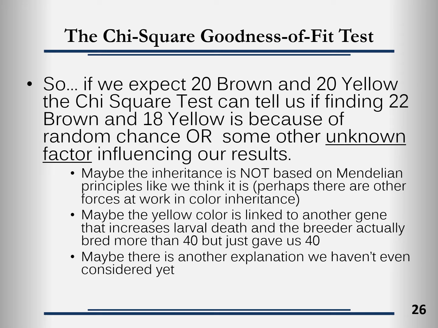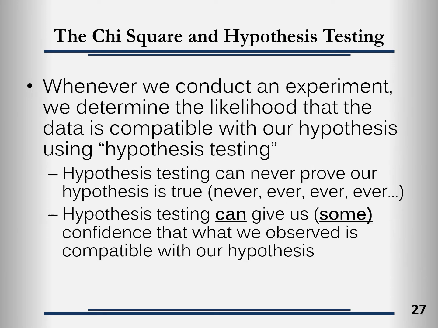The chi-square is not going to tell us which one of these explanations is correct. It's not able to do that. So whenever we conduct an experiment, we're doing something called hypothesis testing. And we're using, in this case, a statistical test to do that hypothesis testing. It's important that you understand, because many people are confused about this, that in hypothesis testing, we are not proving our hypothesis true.